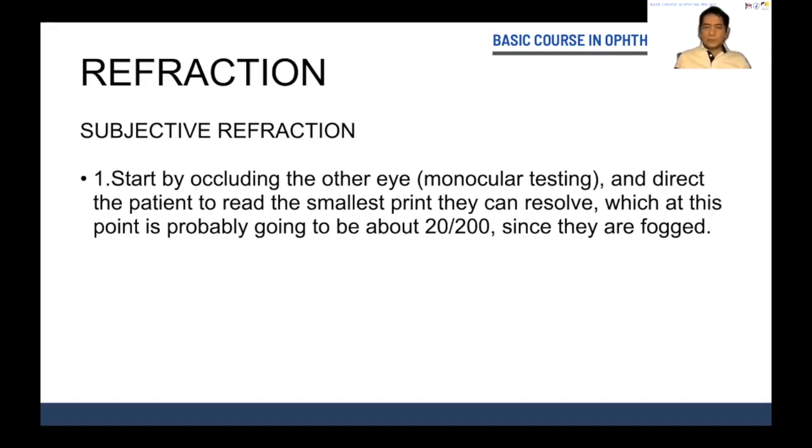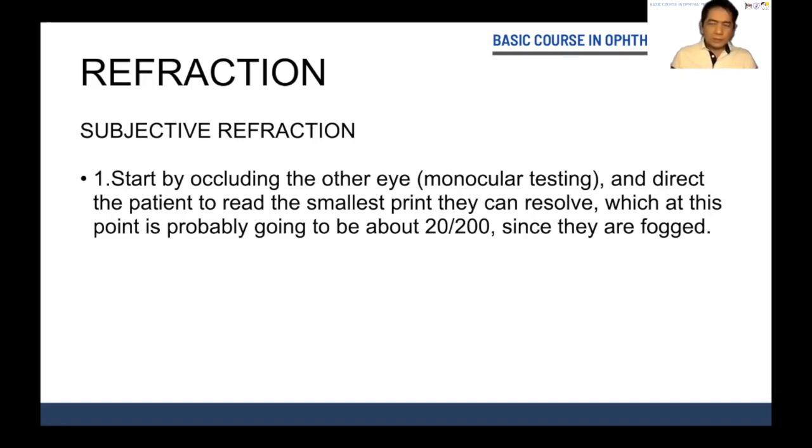So why do we need to do that in subjective refraction? We need to relax the accommodation first. So from the best VA, decrease the visual acuity to the blur point of 20/200. Usually you do that by adding plus lenses. Sometimes at plus 2, it's already blurred at the 20/200 level, so your plus 2 is your fogging lens.